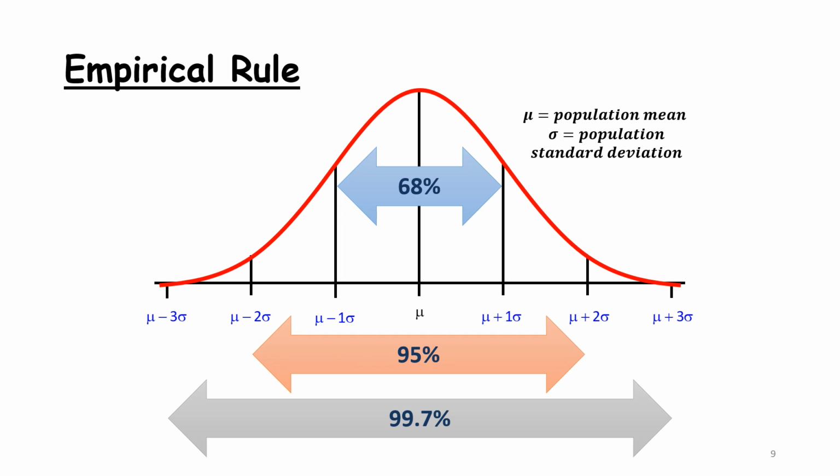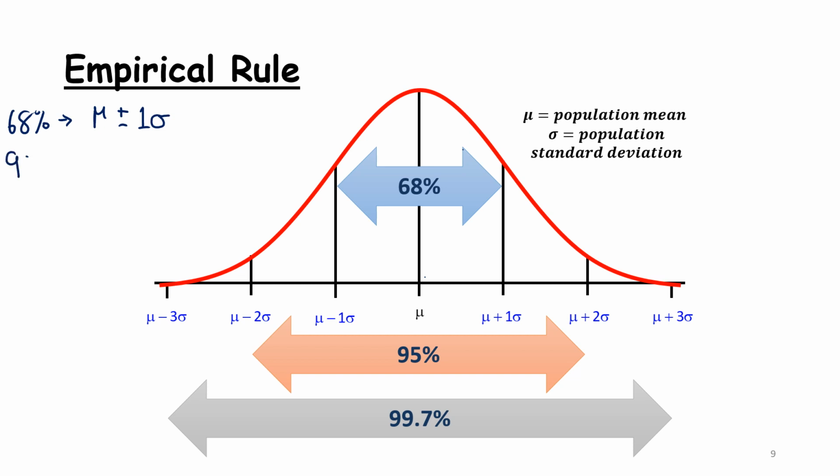So the empirical rule has 3 individual statements, and all 3 are displayed here, but I'm going to give you a little summary on the left as we go. The first one is 68% of the data sits between one standard deviation either side of the mean. So that is mu plus or minus 1 standard deviation.